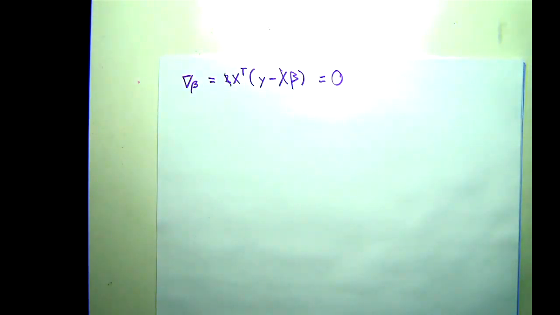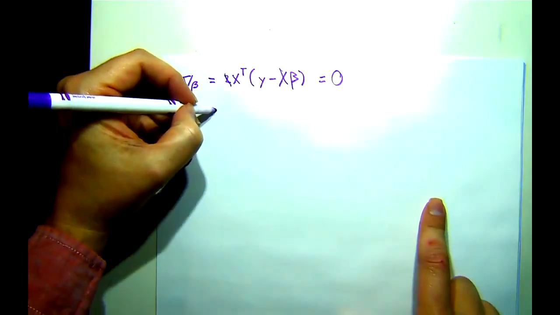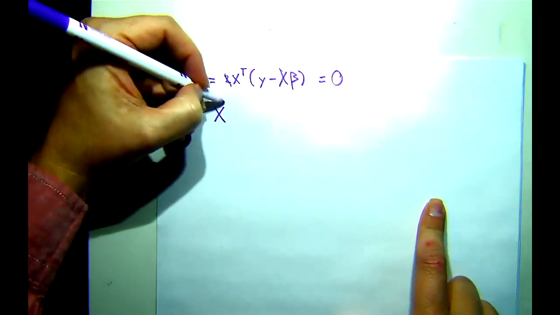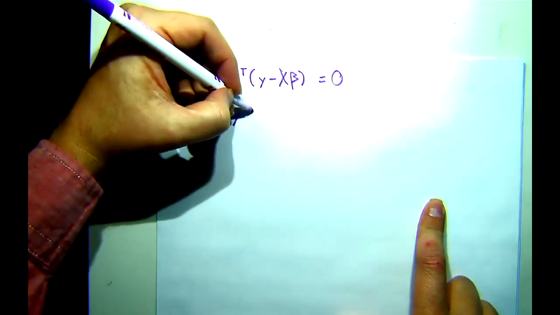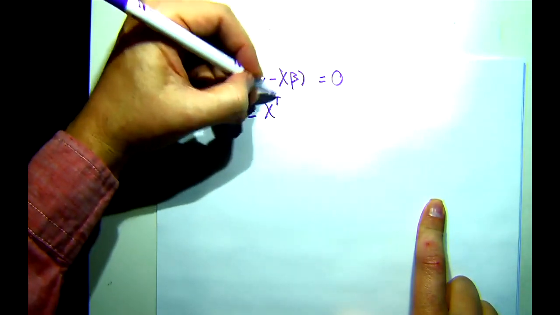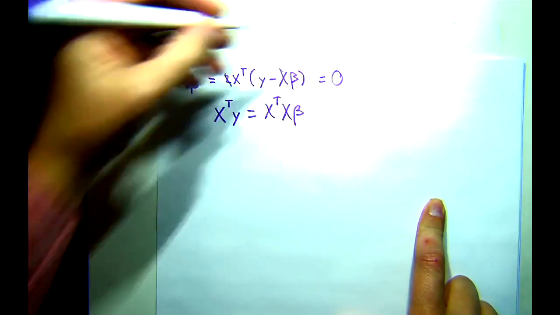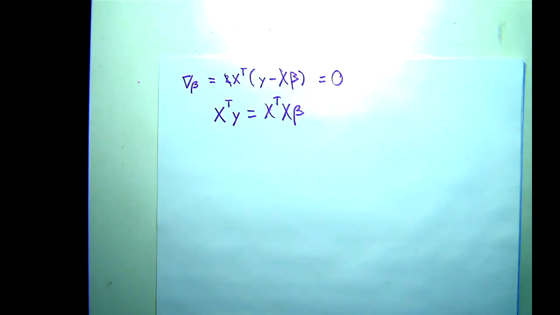We can just get rid of it by dividing by 2, and 0 divided by 2 is 0. And then what we get in the end is x transpose y equals x transpose x beta. So that's the formulation of the linear equations to solve for beta, to get the optimal MLE estimate of beta.